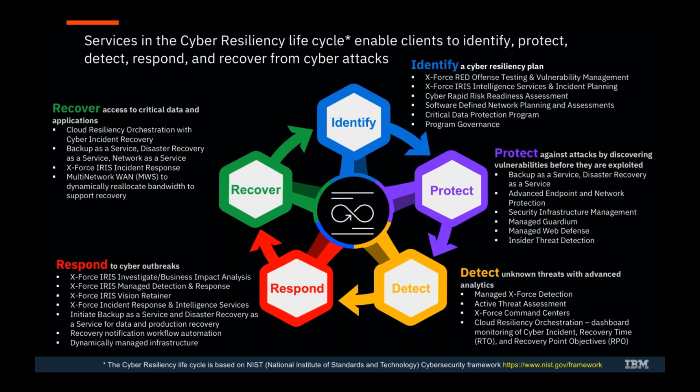When you're identifying a plan, we have a number of services that can help with that process. When you're looking at protection, we offer managed services, we offer software, and we offer services that can help you to put that in place.